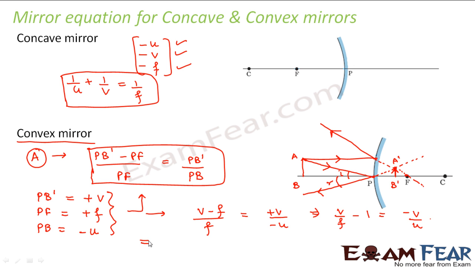If we divide throughout by v, we get 1 by f minus 1 by v is equal to minus 1 by u. Or we can say 1 by v minus 1 by u is equal to 1 by f. So this becomes the mirror equation for a convex mirror, considering the sign convention.